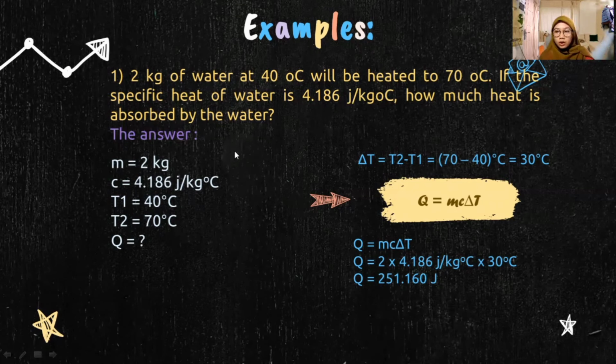The solution. From this question, it can be seen that the mass is 2 kilograms and C or specific heat is 4.186 joule per kilogram Celsius. T1 or initial temperature is 40 degrees Celsius and T2 or final temperature is 70 degrees Celsius.